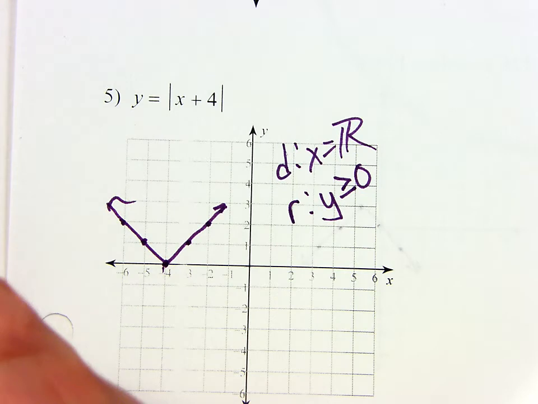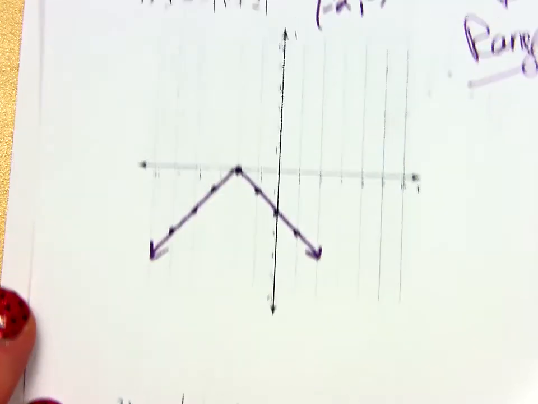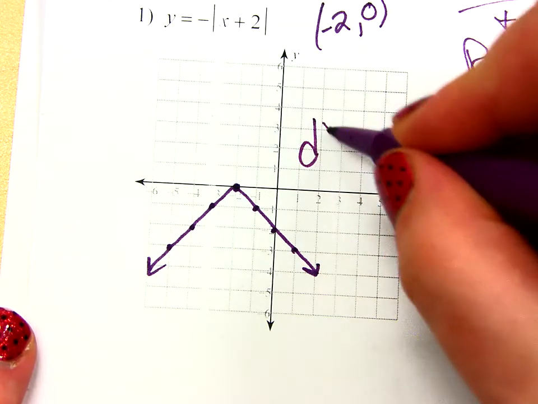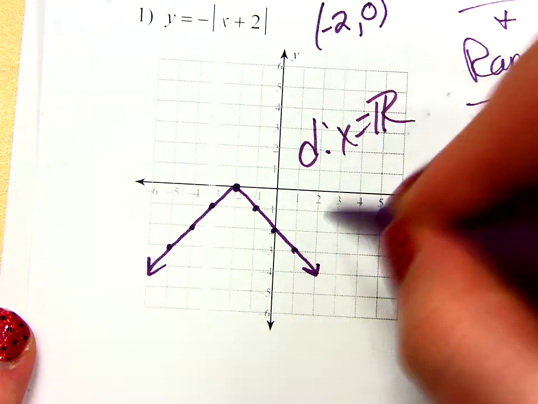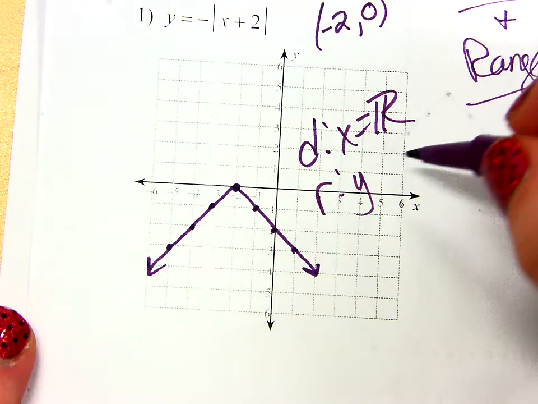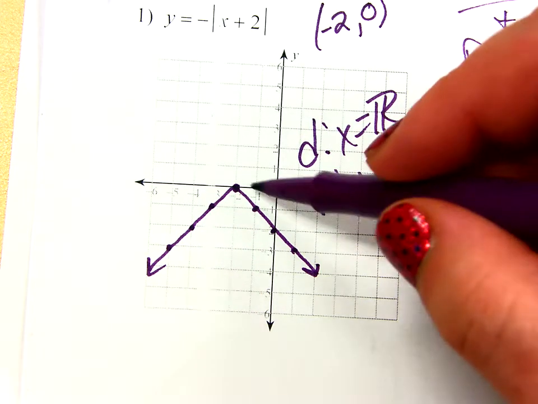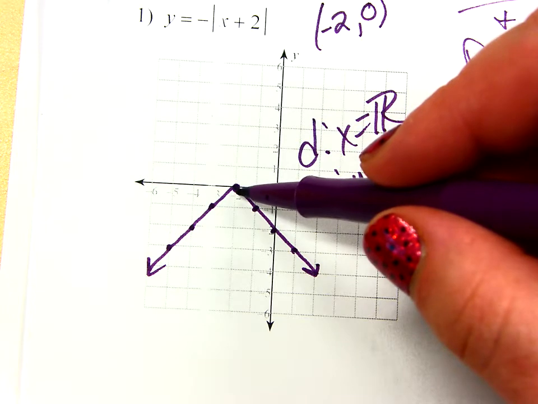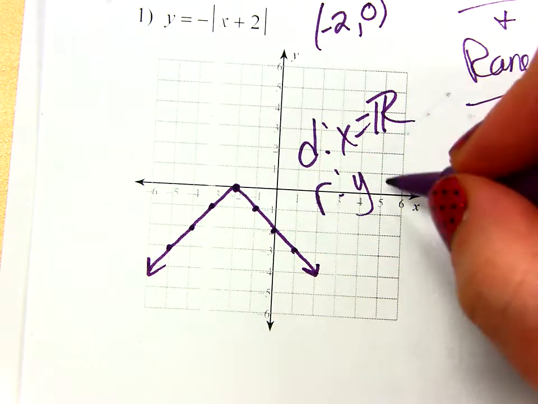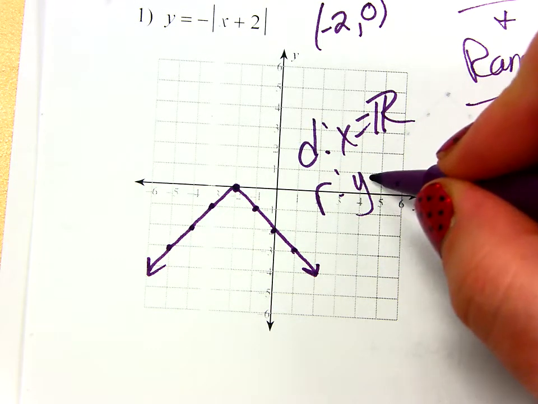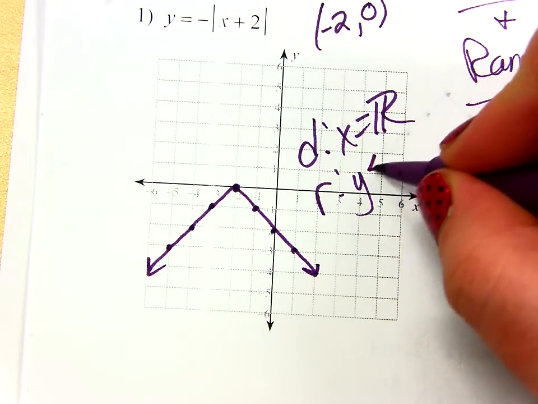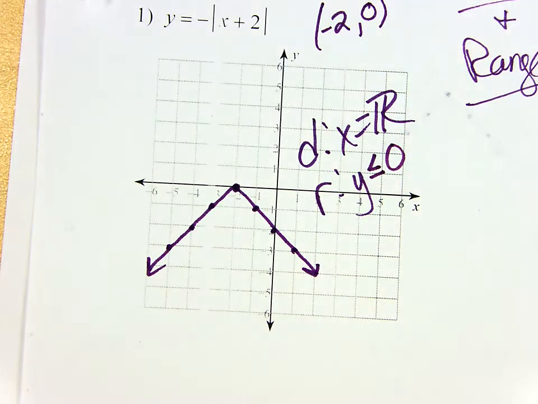But if your V was upside down, so let's backtrack to number 1, for example. The domain is still all reals, but the range, the y values I get here, the highest I'm ever going to get is 0. So I'll get all the ones lower than that. So I would have the y's that are less than or equal to 0 in my range.